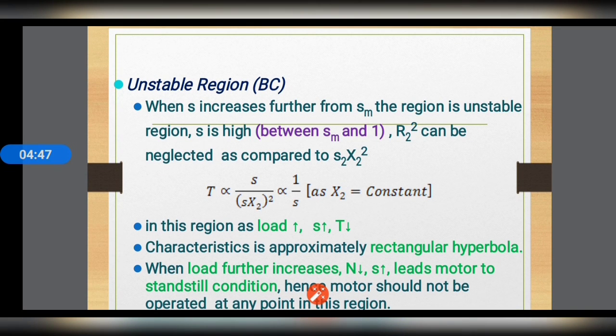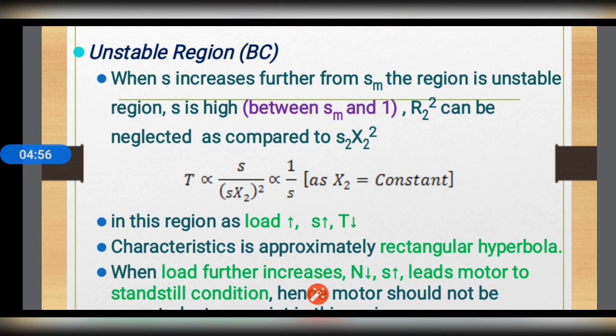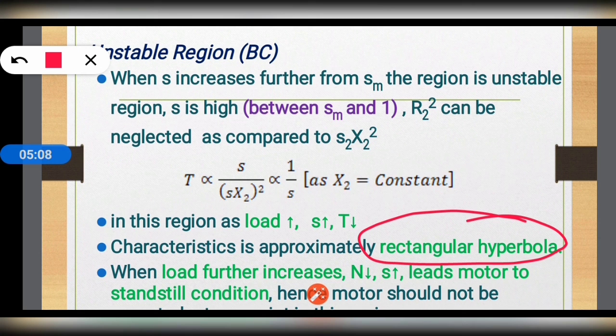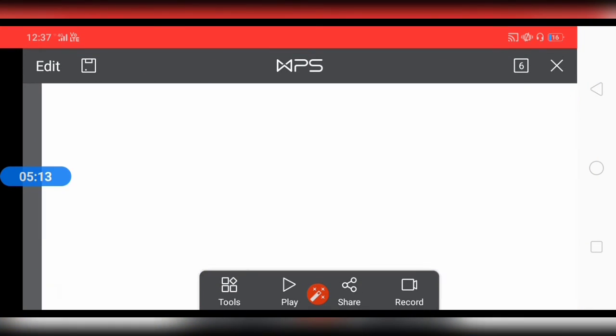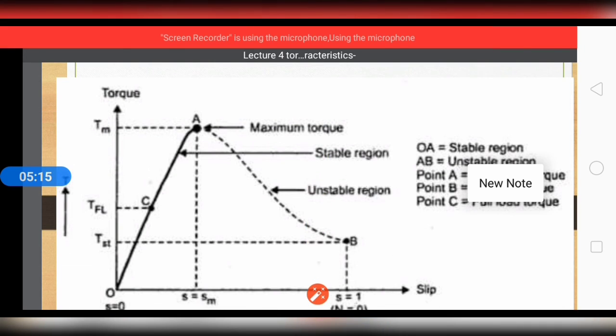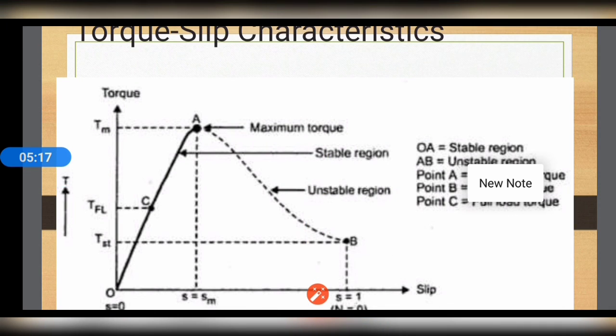Cancelling one s between the denominator and numerator, we are left with a single s in the denominator. This shows that torque is inversely proportional to the slip, which is nothing but a rectangular hyperbola. So the curve is like a rectangular hyperbola, shown by the curve AB. This portion AB shows the unstable region.